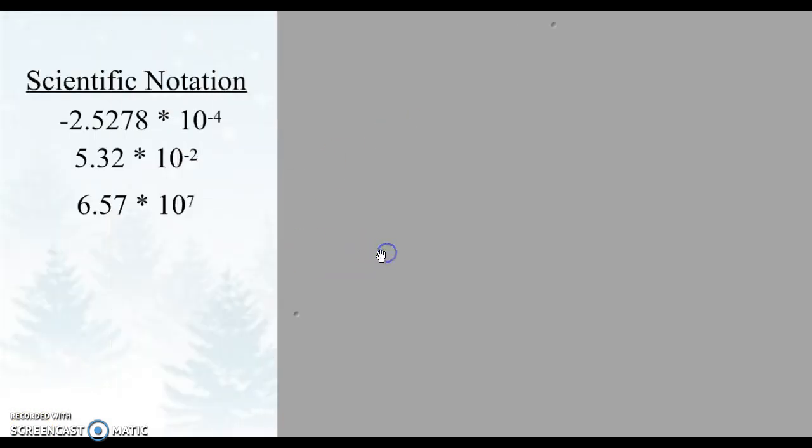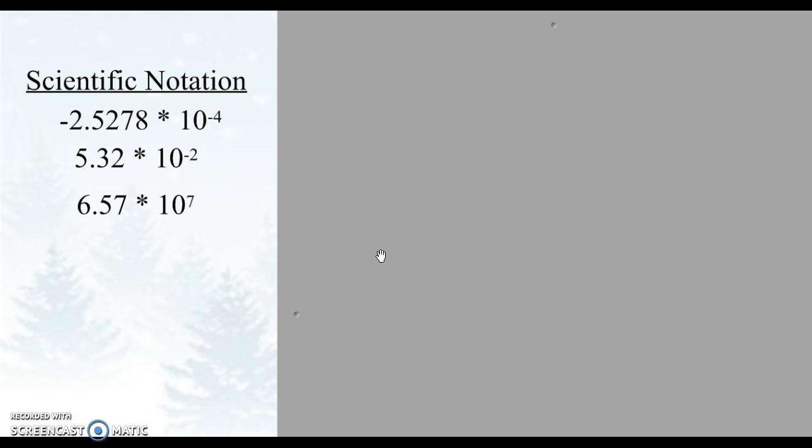So here's that sort that you should have, and be careful. For our scientific notation, we should have 3 numbers. Negative 2.5278 times 10 to the negative 4th. That is a negative number, but our number in front, that 2.5, is between 1 and 10, and that's what we're looking for. 5.32 times 10 to the negative 2.